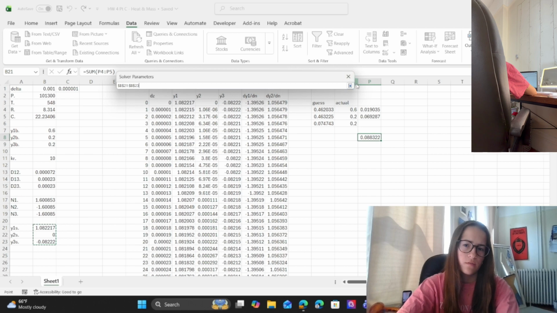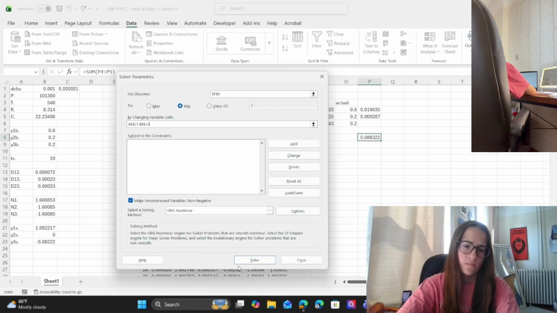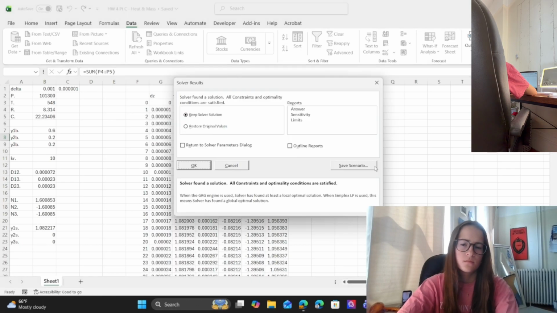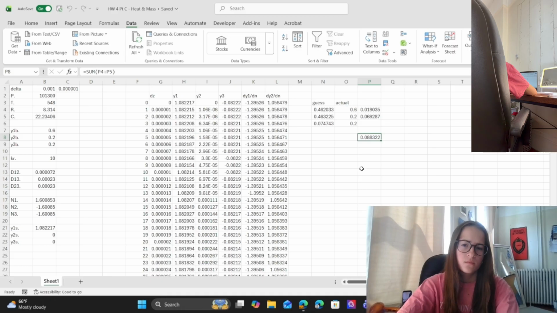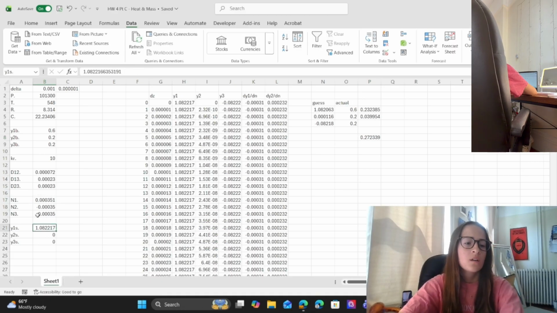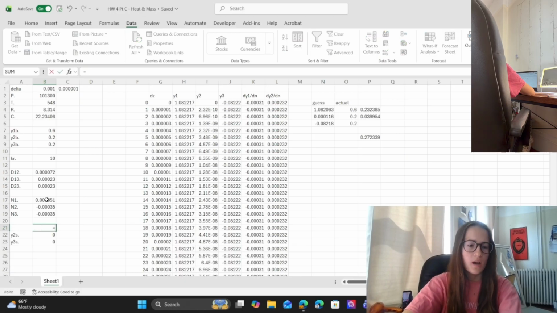Let's try all three of these. So this is actually our flux here, so that's why I'm getting such funky numbers, and then we'll change this back.